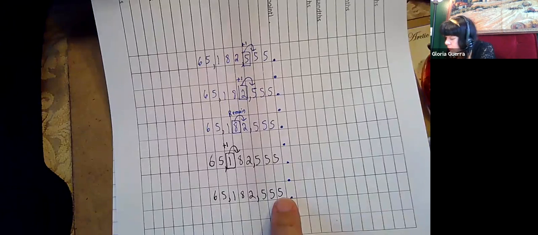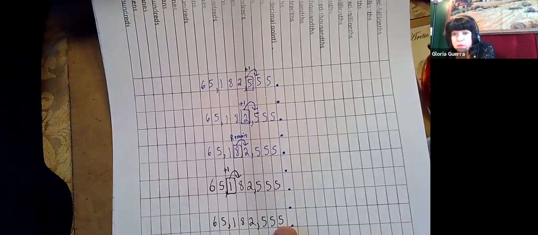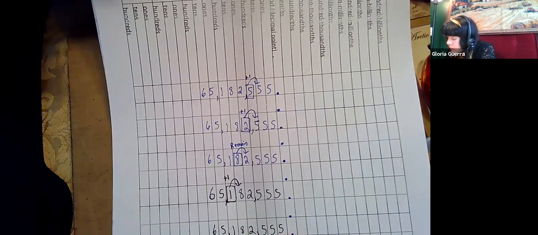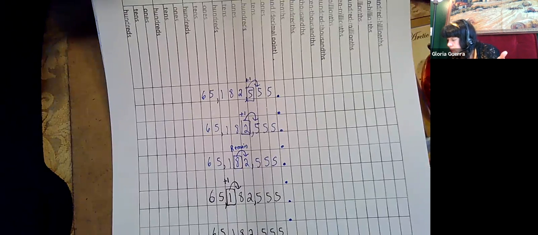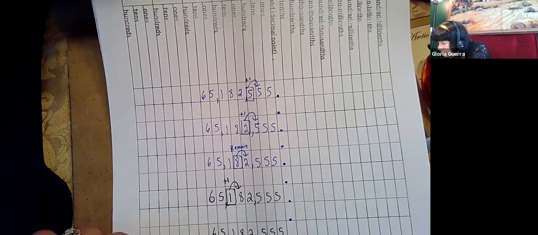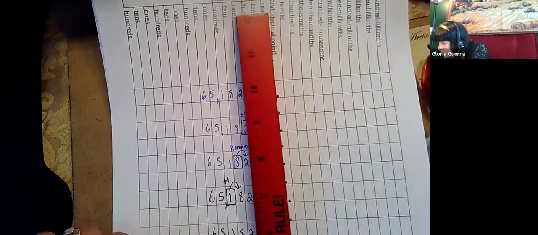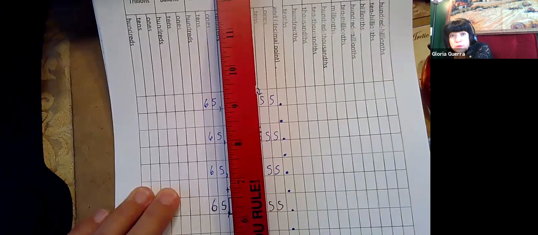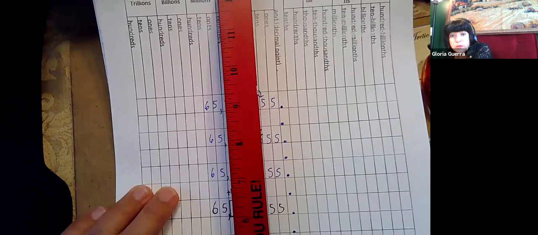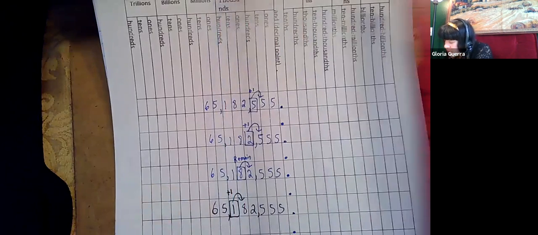So this is ones, tens, hundreds, thousands, 1,000s, 10,000s, 100,000s. And then you can see right here that this is the millions, okay? So we're going to box this 5.